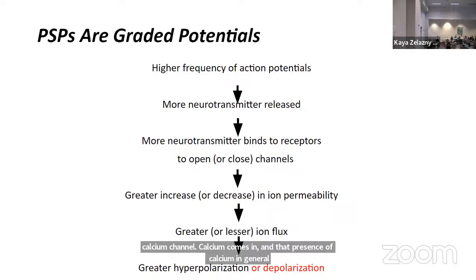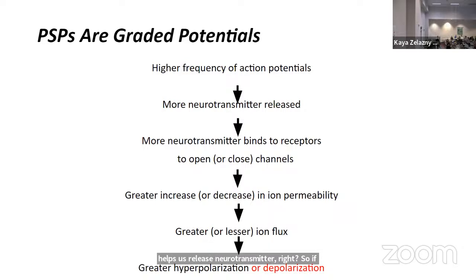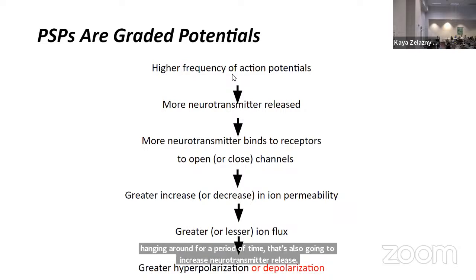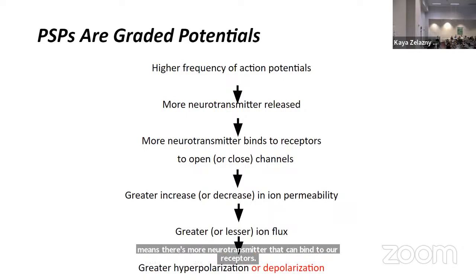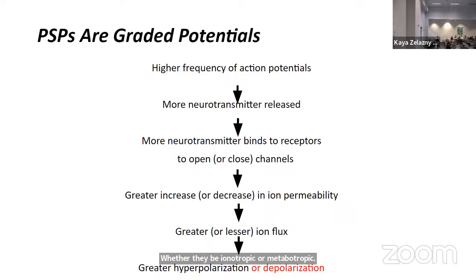So if it's hanging around for a period of time, that's also going to increase neurotransmitter release. So when we have more action potentials in a presynaptic neuron, we have more neurotransmitter release into the synaptic cleft, which means there's more neurotransmitter that can bind to our receptors, whether they be ionotropic or metabotropic, and whether they eventually open or close an ion channel.